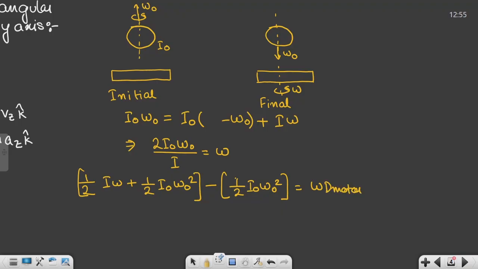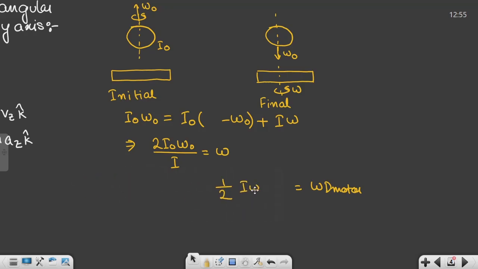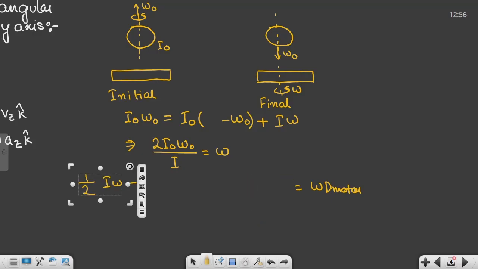So if I cancel out this one and this one, I'm just subtracting, and make the rest of them neat and clean, I'll get half I omega square. What is the value of omega? The value of omega is nothing but this one. Let me see if I've done it right.